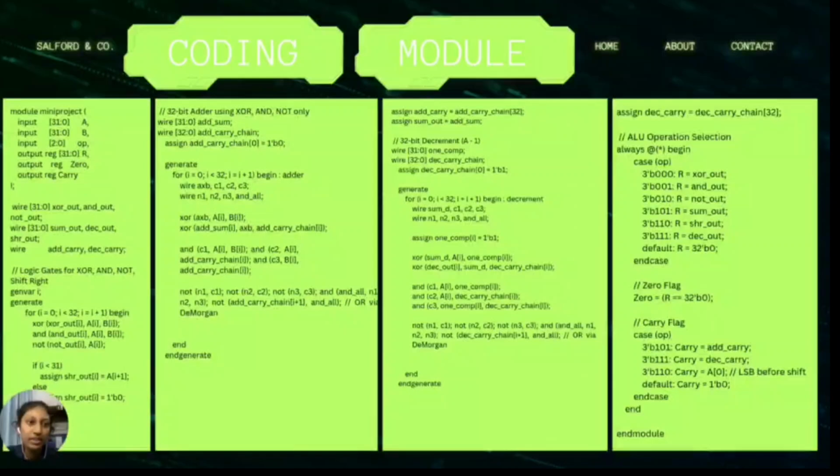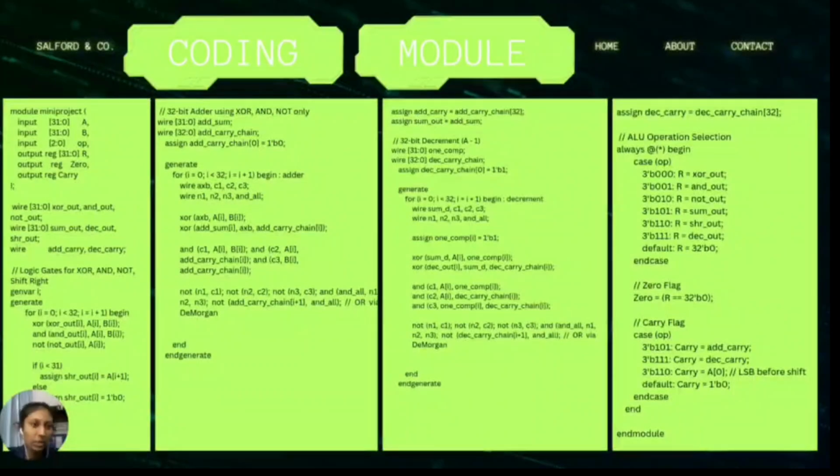Next is the output register R, which is a 32-bit register. We also have the output registers for the zero flag and the carry flag.